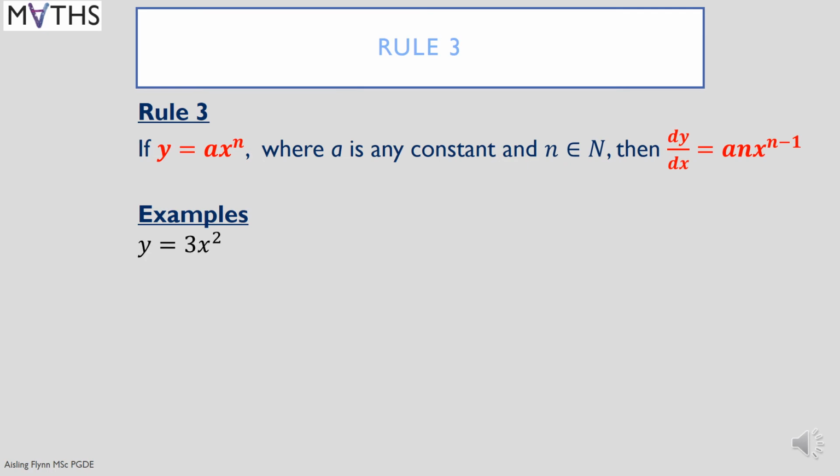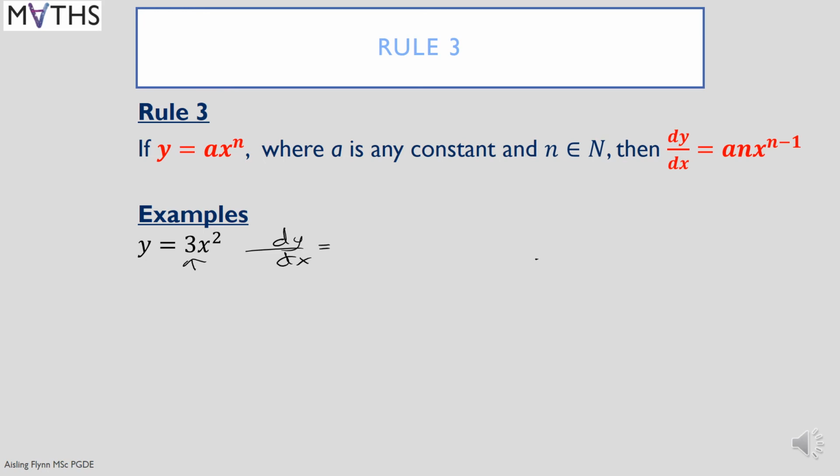Okay, so this time we have y equals 3x squared. So there's an extra constant in front of the x squared. So let's differentiate. dy/dx equals, same as before, we'll be using our power to multiply in front.